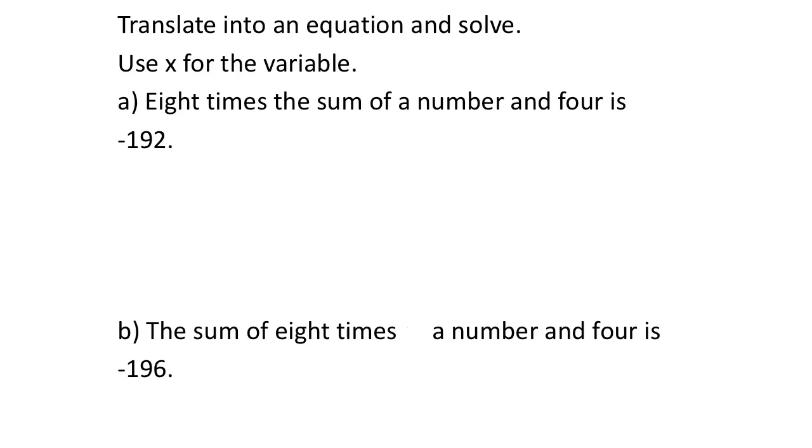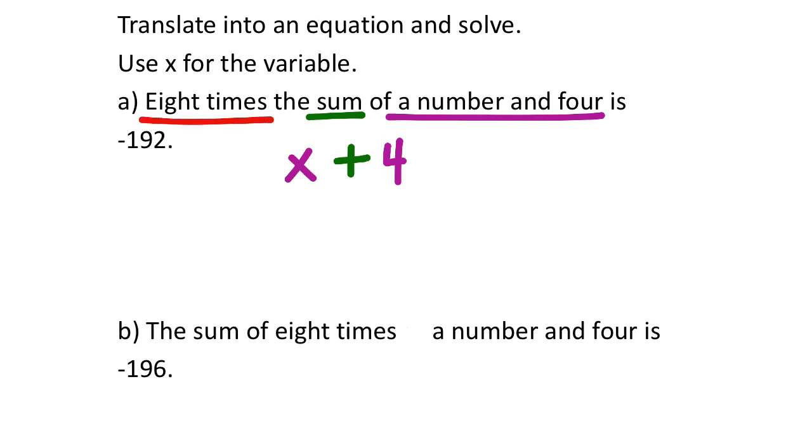So part A, 8 times the sum of a number and 4. So it's 8 times the sum. So we got to take the sum first. So the sum is addition. What is it the sum of? Well, it's the sum of a number and 4. So x plus 4. Now it's 8 times that. It's 8 groups of that. So we got to keep that in parentheses.